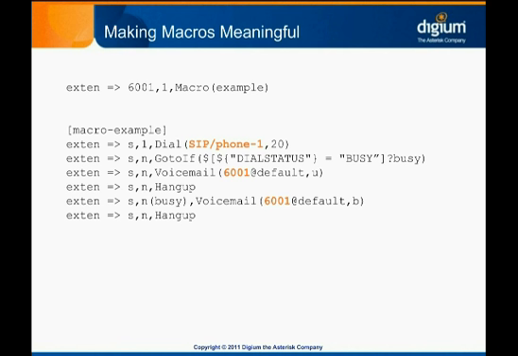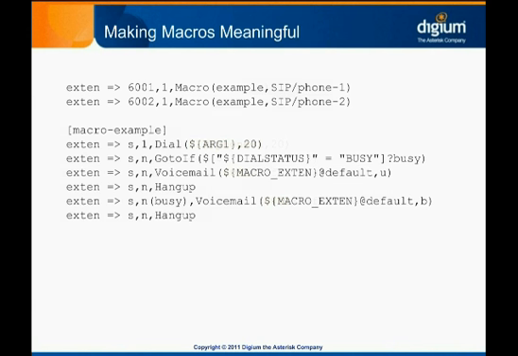We can use Dialplan variables to make the macro more generic. Here we call the macro with the additional argument of the SIP device that was originally associated with the extension that now calls a macro. Inside the macro, we look at the ARG1 variable to know which SIP device to dial, and we use the MACRO_EXTEN variable to know which mailbox to use. Now our macro is complete.